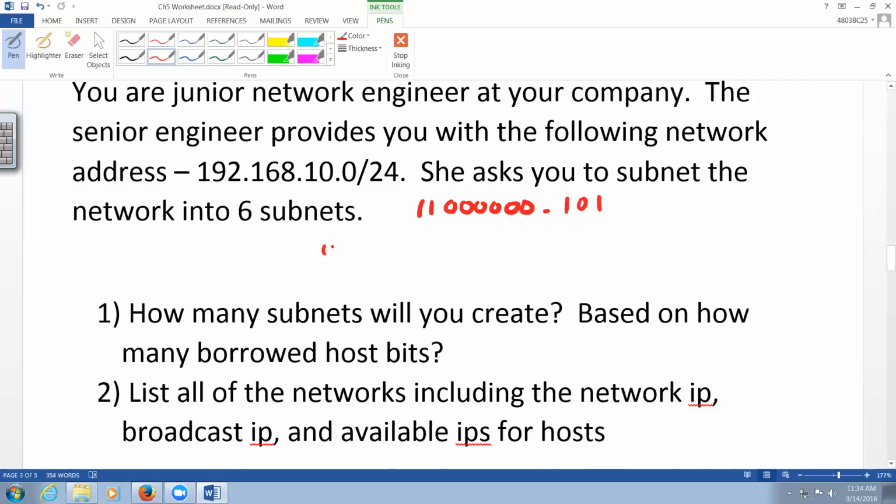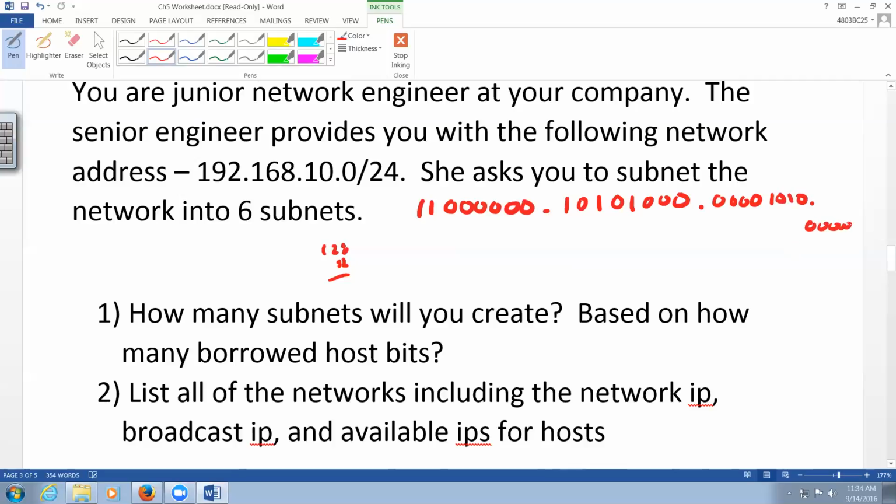So 128 and 32 is 160. All right, cool. And then we have 10. And 10 is going to be what? That's going to be 4 zeros and then 1, 0, 1, 0. Okay, and then 0 is going to be what?